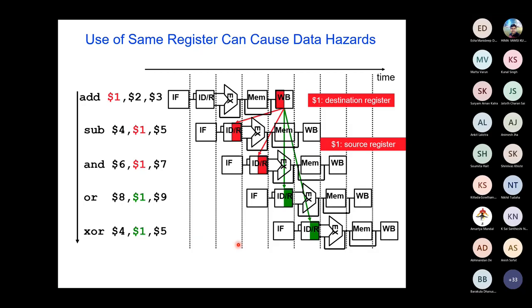You forget about the pipeline stages. You consider the time instant when this destination is available, and you consider the time instant when this source is needed. Just forget about the pipeline.